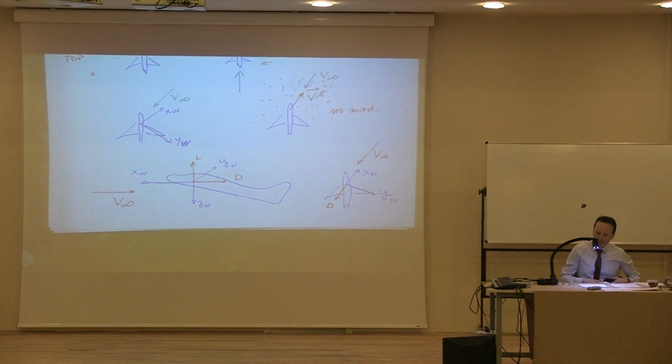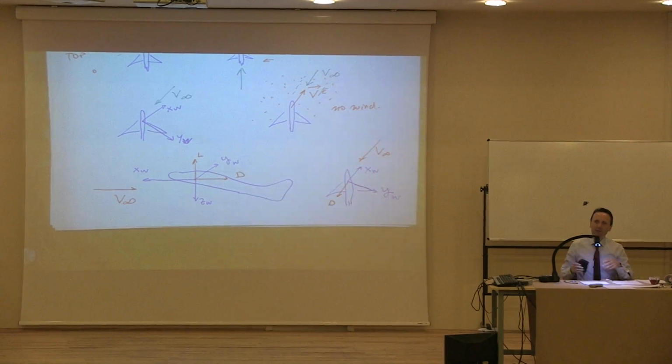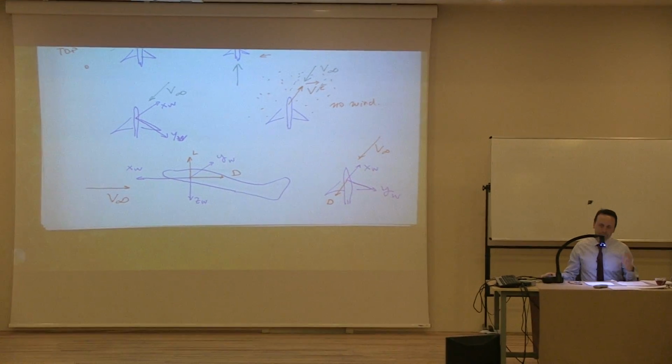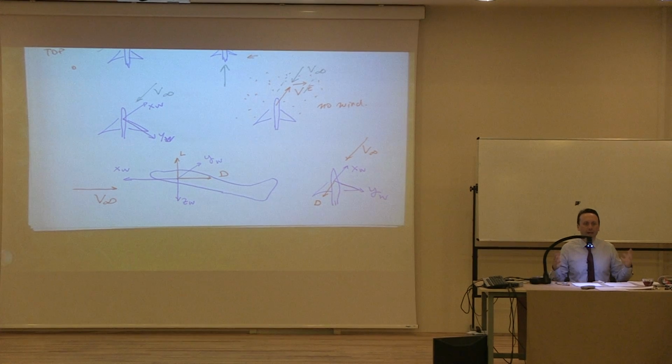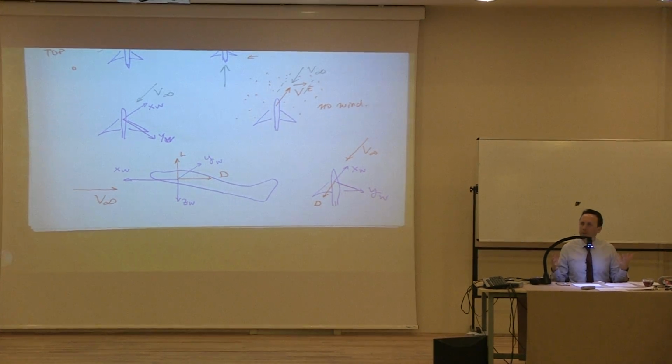One more thing. What happens if there is no V infinity? No, you're on the ground sitting and you are not moving. What happens then? Can you define the wind axis coordinate system? No. The answer is no. When you're on the ground, no air, no wind, nothing, you can't define wind fixed coordinate system.